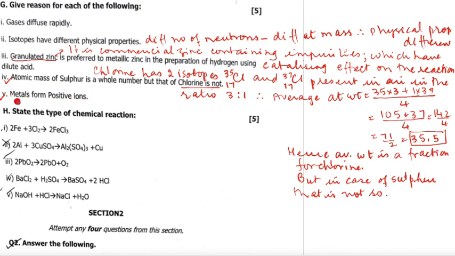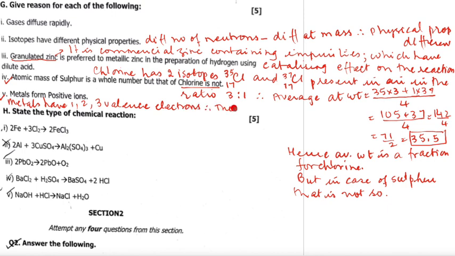Okay, now fifth one, metals form positive ions. Here what will be a first key point? Metals have how many valence electrons? 1, 2 or 3 valence electrons. Correct?